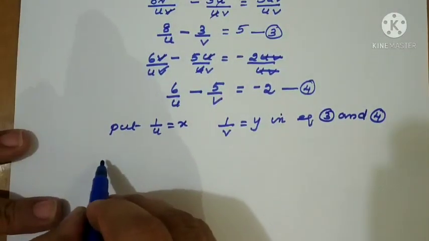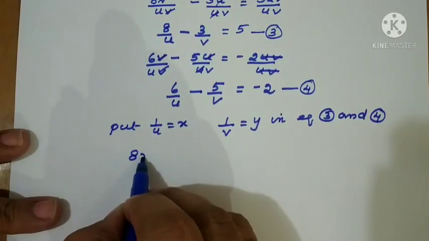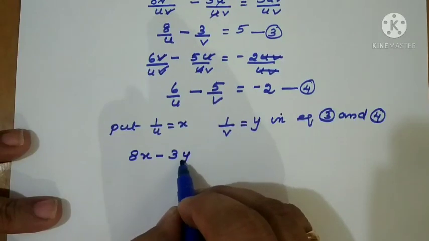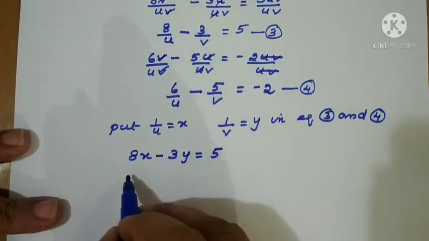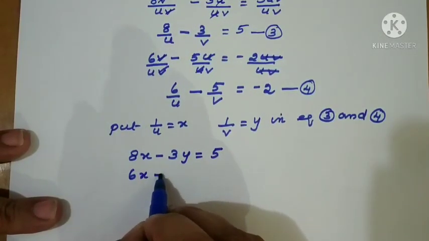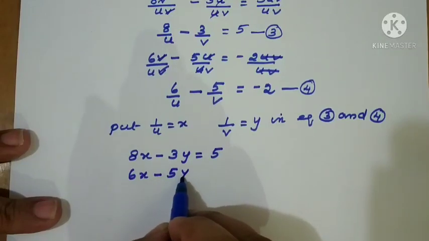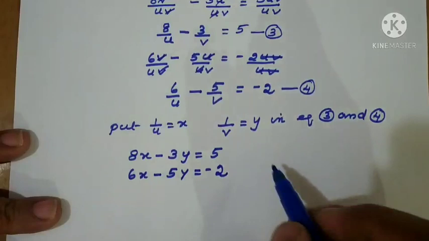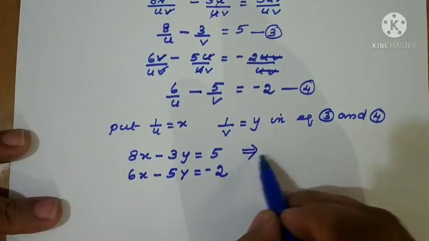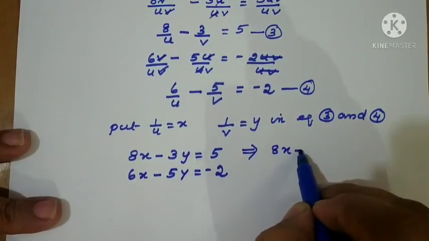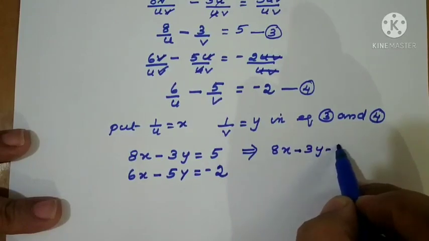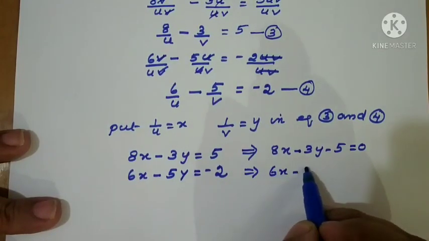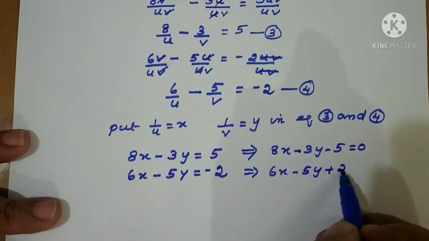What we'll have now? So 8x minus 3y equal to 5, 6x minus 5y equal to minus 2. So again I'll write in the standard form. 8x minus 3y minus 5 equal to 0, 6x minus 5y plus 2 equal to 0.